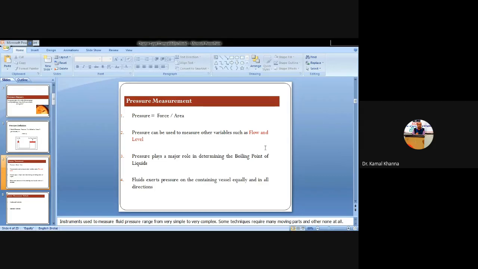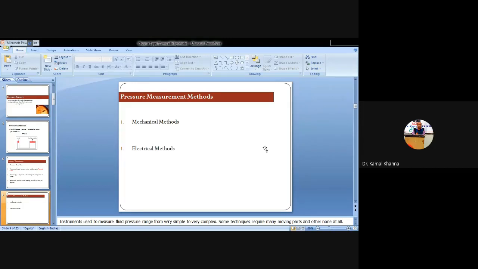Pressure plays a major role in determining the boiling points of liquids. Fluid exerts pressure on the containing vessel equally and in all directions.